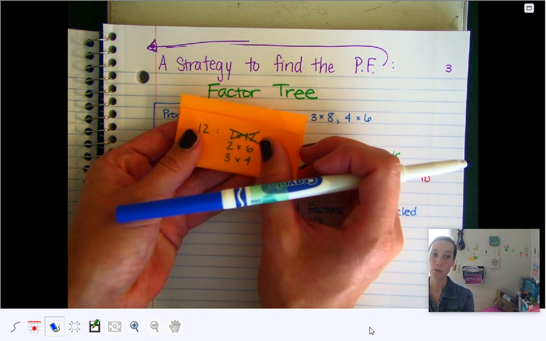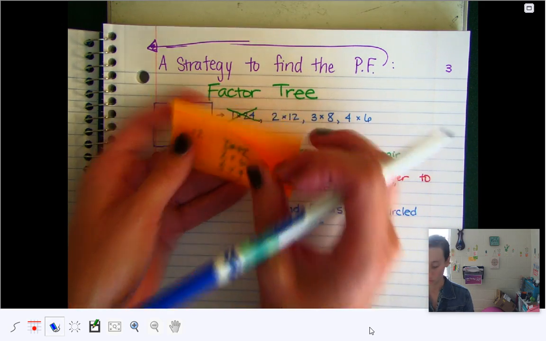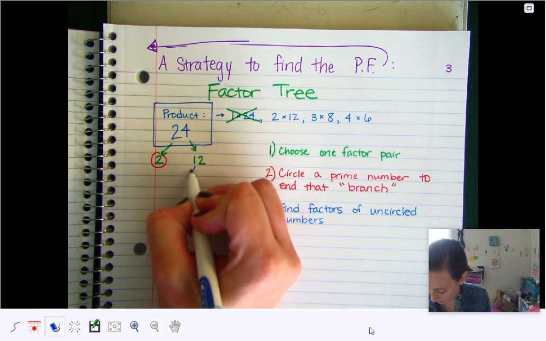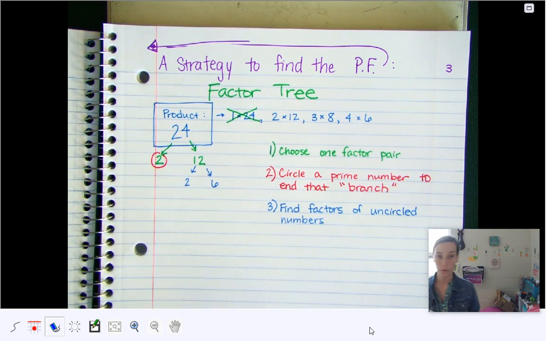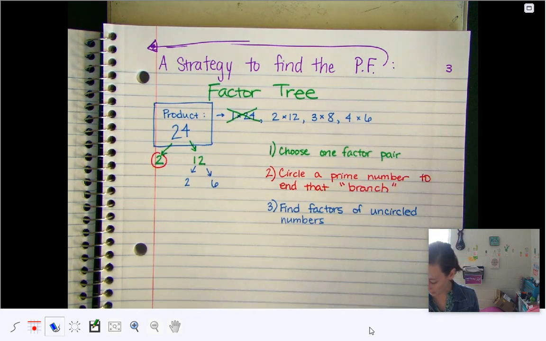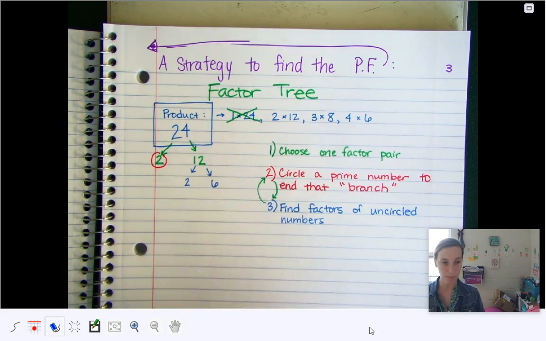I don't want 1 times 12, so my choices are 2 times 6 or 3 times 4. Doesn't matter what I pick, I'm just going to pick 2 times 6. Now, this cycle repeats. You keep going back and forth between these steps until you finish.